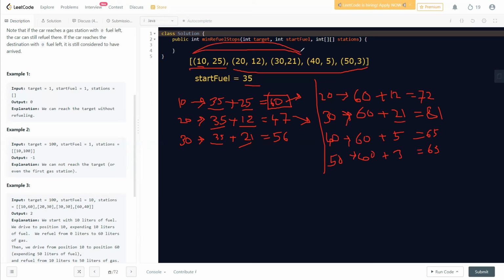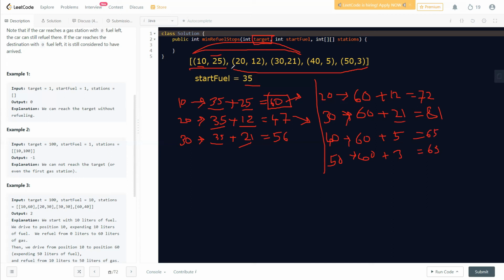Among these 3 stations, we pick the one with the maximum fuel, because our target is simply the total distance we are covering. The maximum fuel out of these 3 is 25, and we took that fuel. That's our first stop.